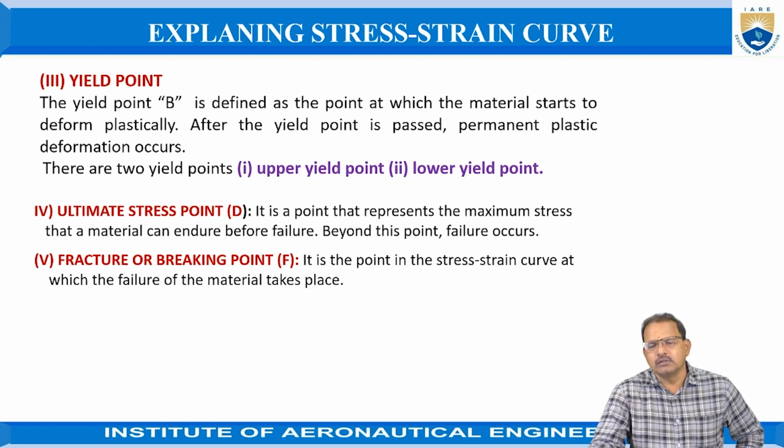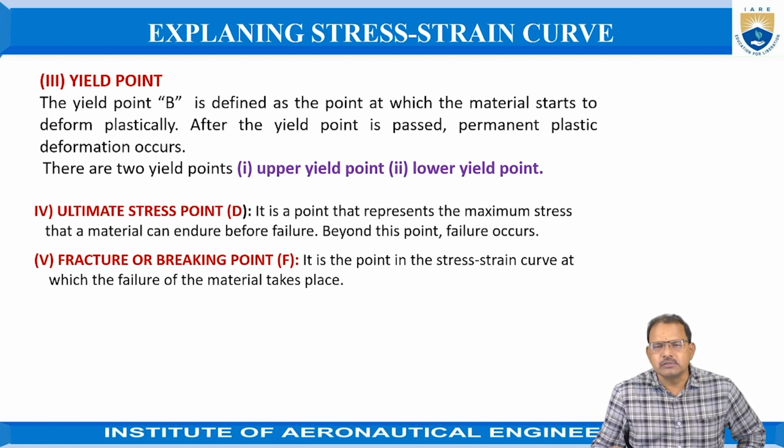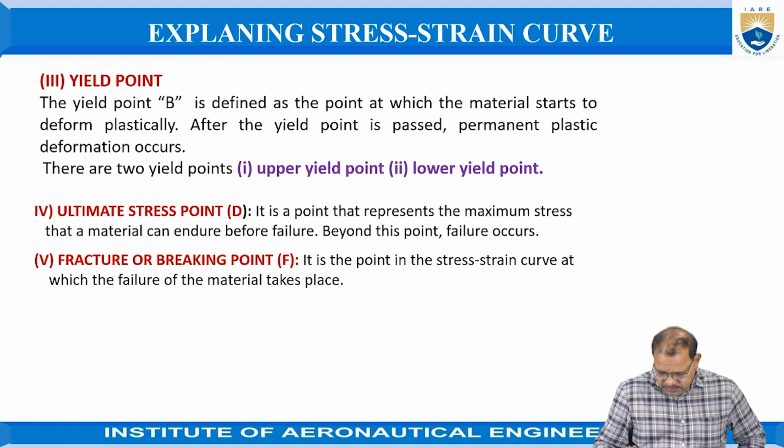After that, even though the load decreases, the elongation continues, but it fails at point F. So the point F is known as the breaking point, and the point D is known as the ultimate stress, at which it has the maximum stress.